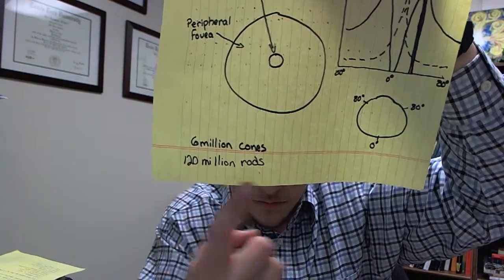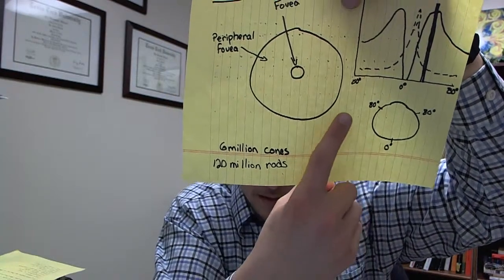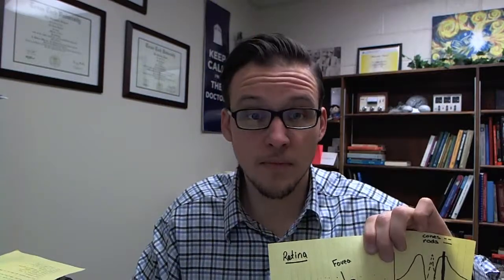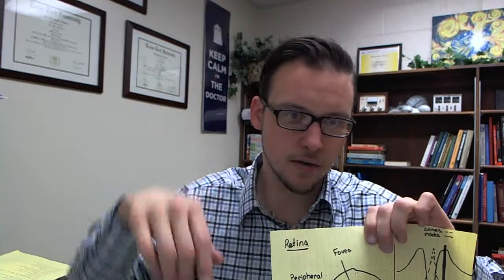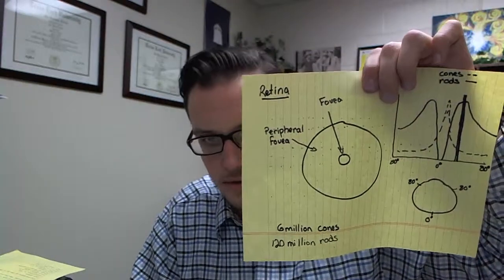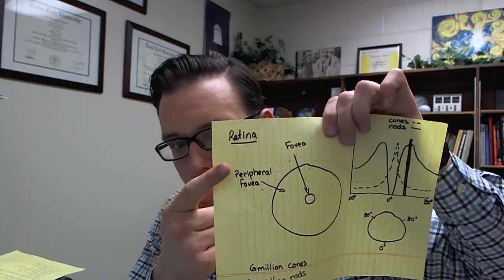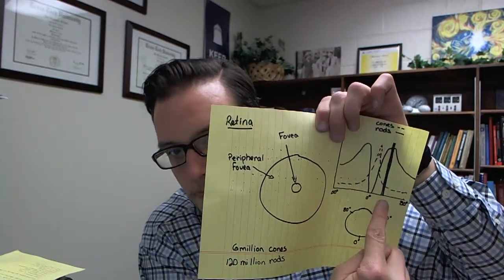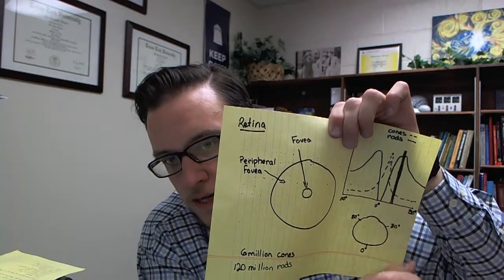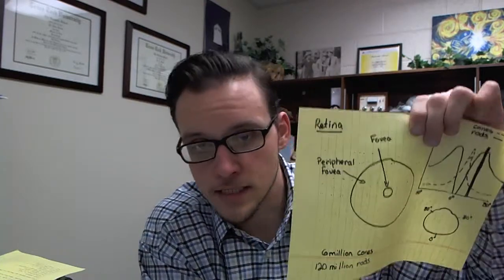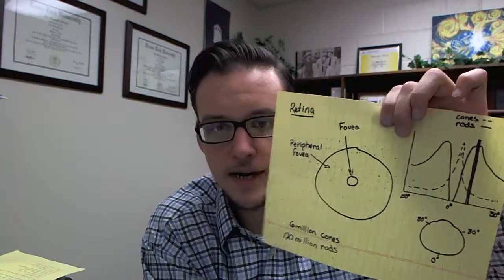It's when you're looking straight at something that's where the light's going to be focused. And as you move away from the center, you get a higher degree distance from the center. The solid line is the distribution of rods, and the dotted line is the distribution of cones.